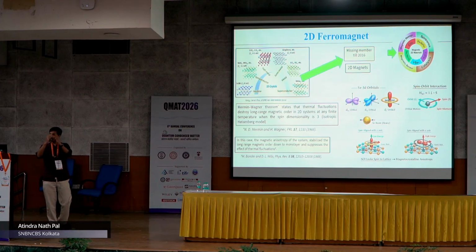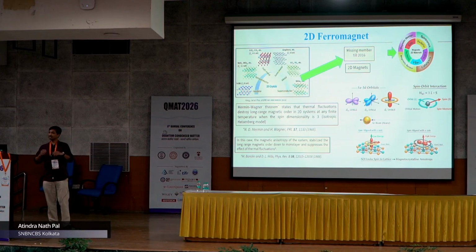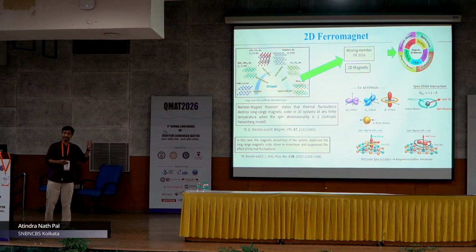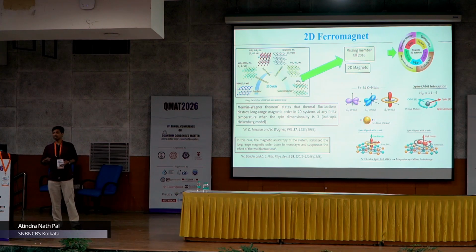So crystal structure and spin orbit coupling can break this degeneracy and provide an easy axis to the system, and that is called the magnetocrystalline anisotropy. I will discuss the role of magnetocrystalline anisotropy in this kind of lower dimensional magnet.